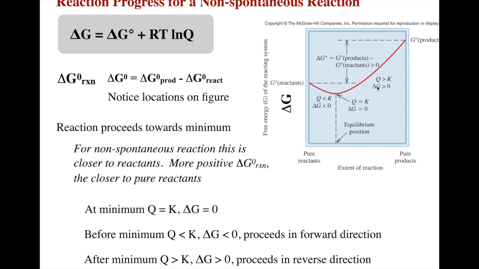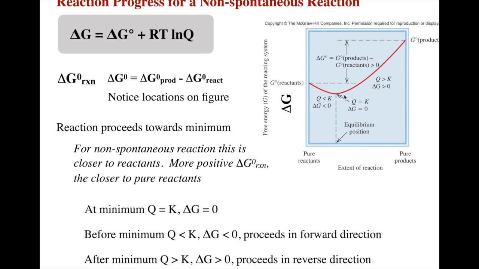So once again, the fact that the minimum is closer to pure reactants tells us that it favors reactants. At equilibrium, there's fewer products than reactants. The delta G standard is positive, so it is a non-spontaneous process.